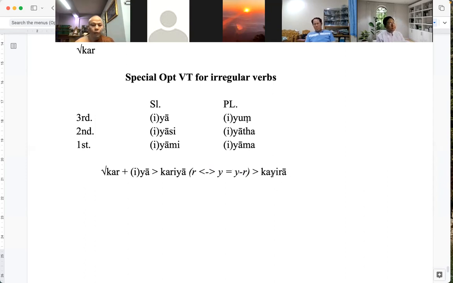So now if you understand this point, the other forms also you can understand. So for example, that was in plural. Root kar and the yo. So here also it is inserted.